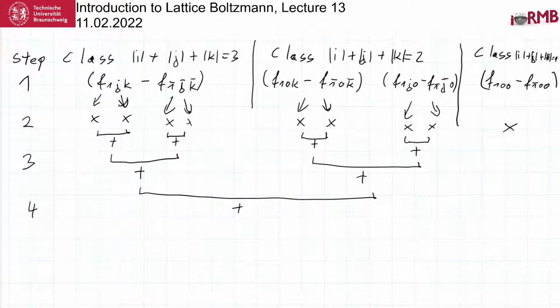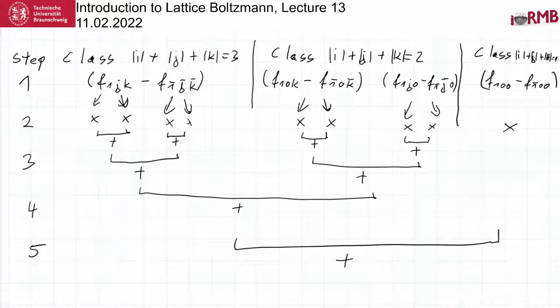And then in step number 5, we sum up the results of these two classes together with the one of the other class. Yeah, and in the end we have M100.